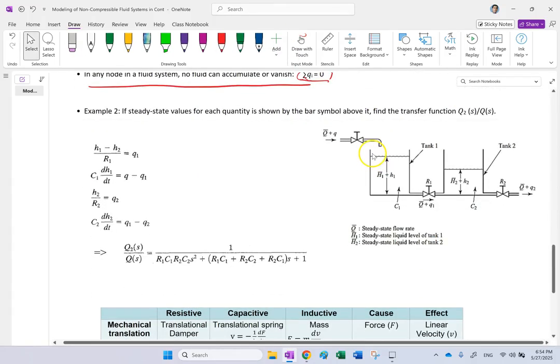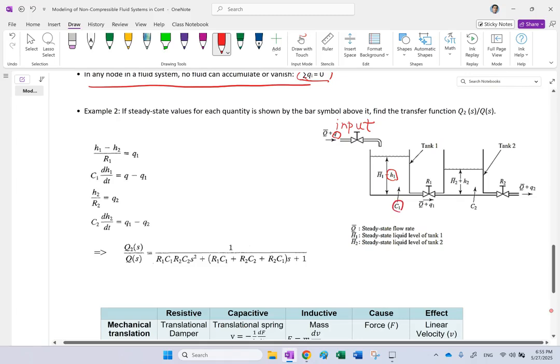Now, let's look at another example. Here you have 2 tanks and 3 valves. This valve brings in the inlet flow Q, so that's the input of the system. The change in the height of the first tank is called H1, and its capacitance is C1. Remember, C is kind of like the cross-section.